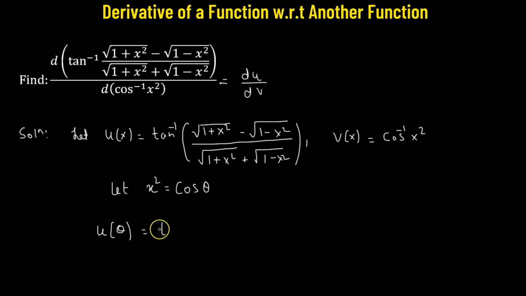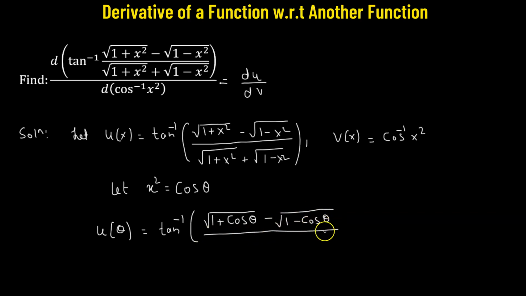This will be equal to the inverse tangent of square root of 1 plus cosine theta minus square root of 1 minus cosine theta, whole divided by square root of 1 plus cosine theta plus square root of 1 minus cosine theta.